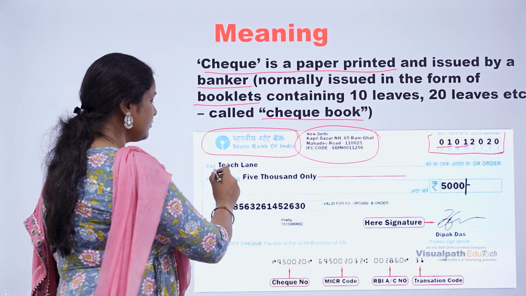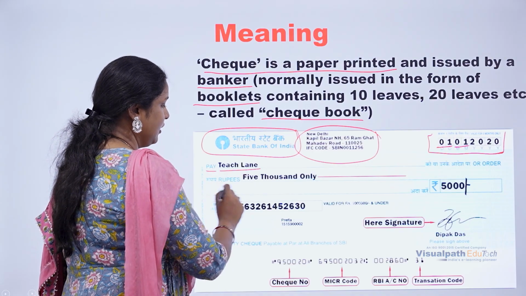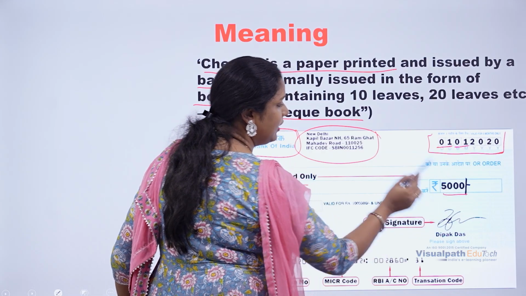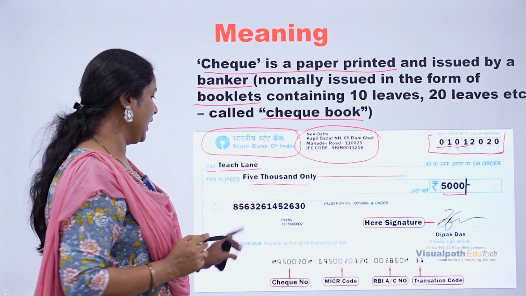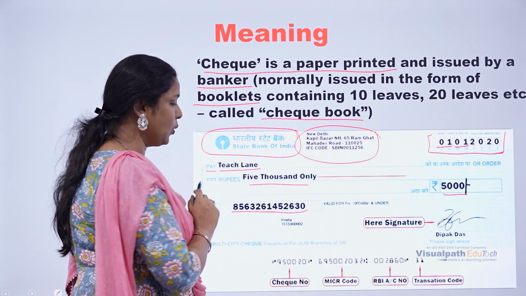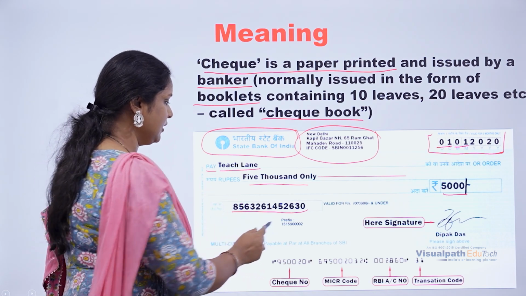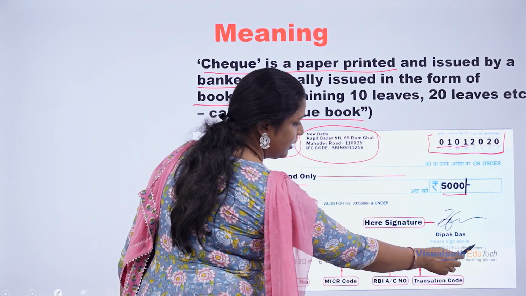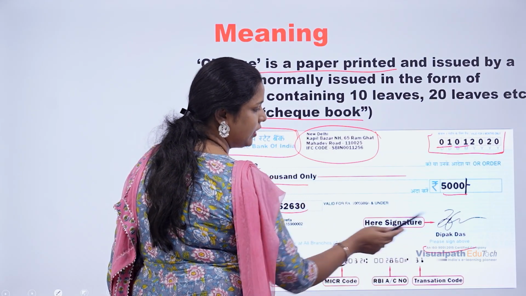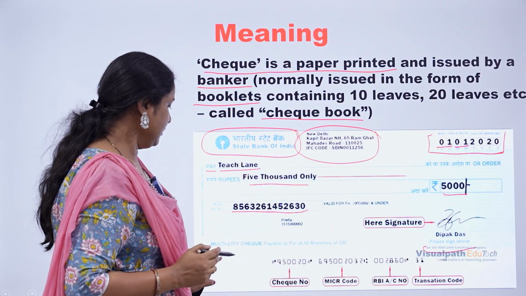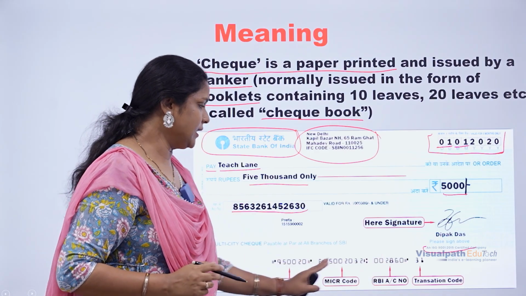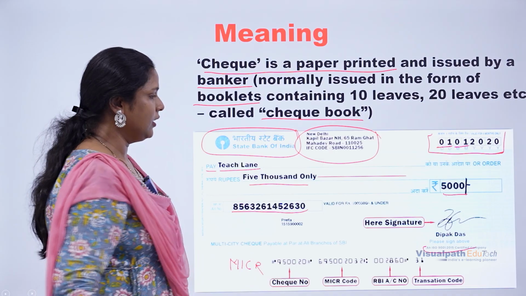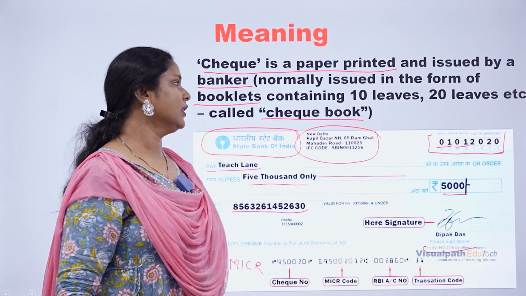Then here, pay: whom to pay, how much amount in words and then in figures. Then we have the account number of the account holder, and the signature of the person who's giving the money. Here it is Deepak Das, and then there is a MICR number. This number is known as MICR. So this is how a normal check looks.